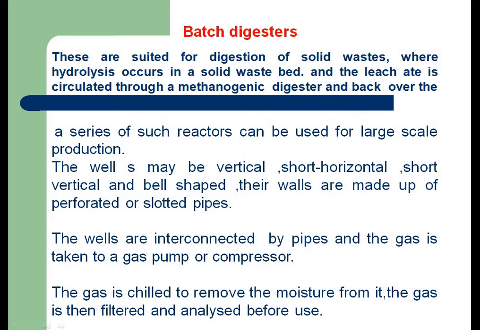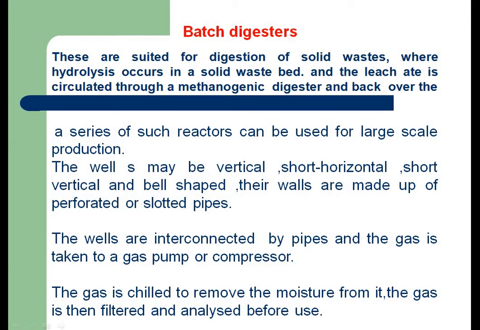Next, I told you there are batch digesters or continuous. Batch digesters are suited for digestion of solid waste, where hydrolysis occurs in a solid waste bed, and the leachate is circulated through a methanogenic digester and back over the series of such reactors. This can be used for large-scale production.